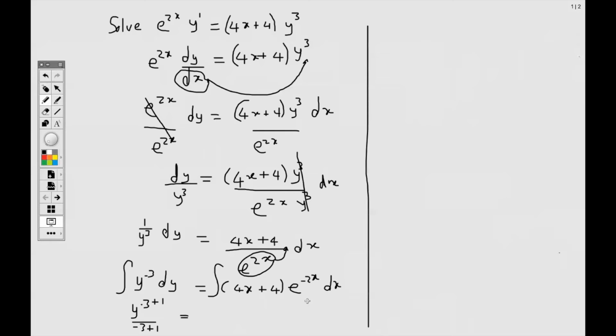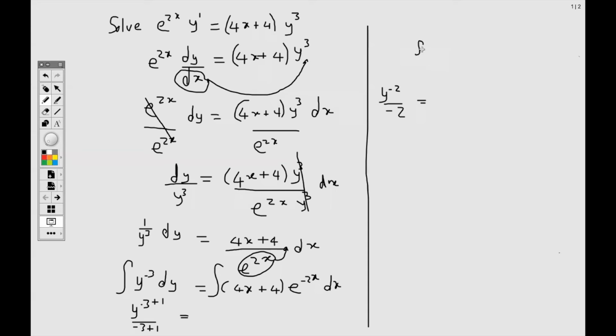On this side, because I have two functions being multiplied, I have to use integration by parts. Before I do this, let me just simplify here. Y to the minus 3 plus 1 is negative 2, so I'll have y to the minus 2 over minus 2. The next side, I need to integrate by parts. What's the integration by parts formula?